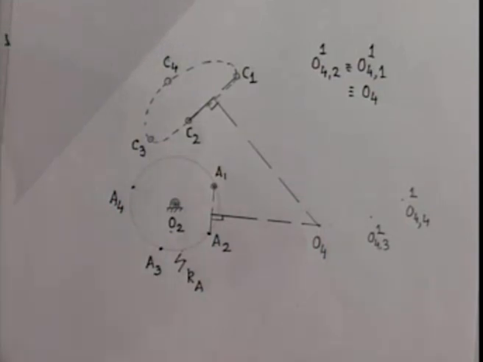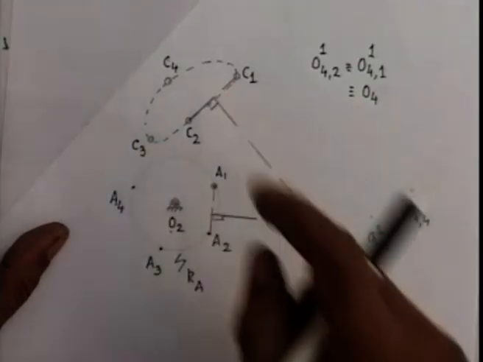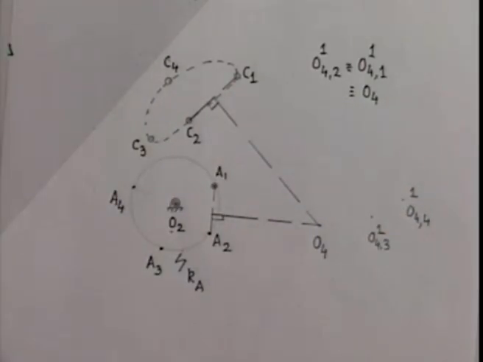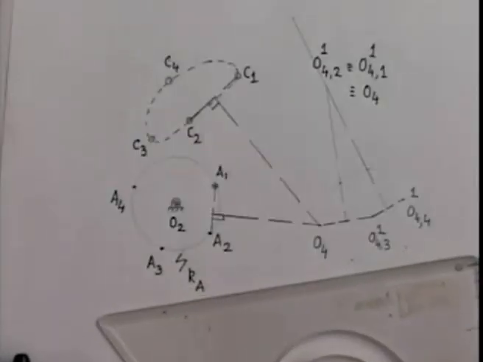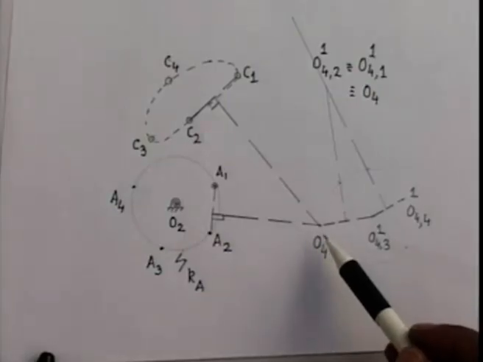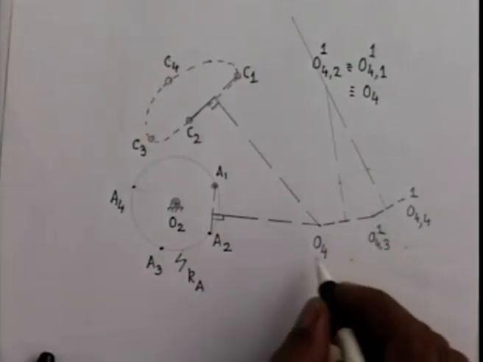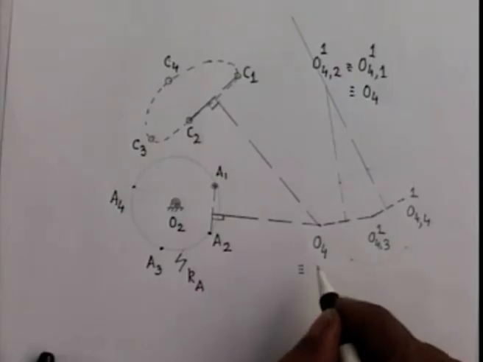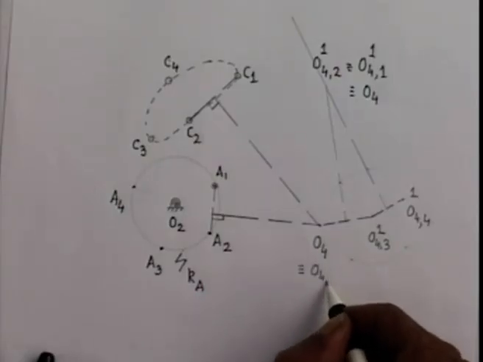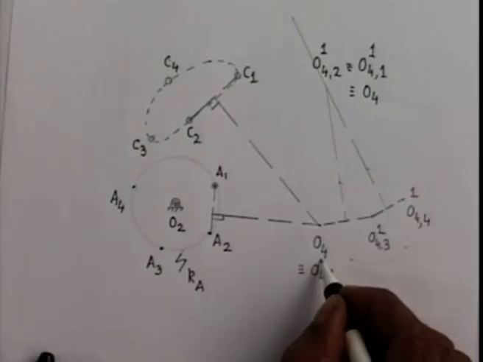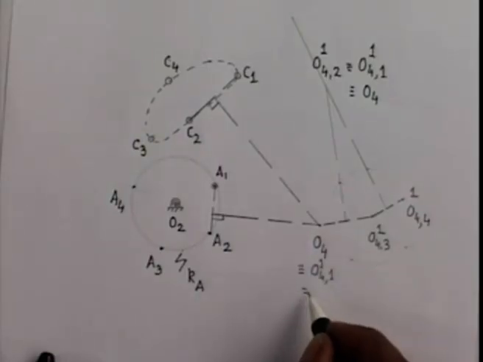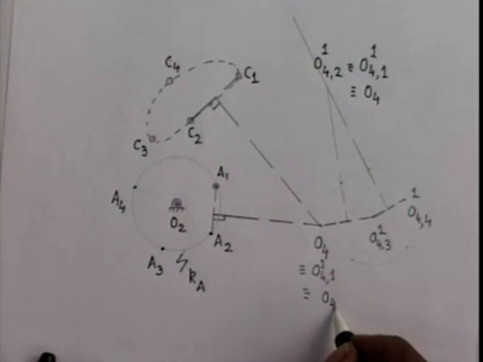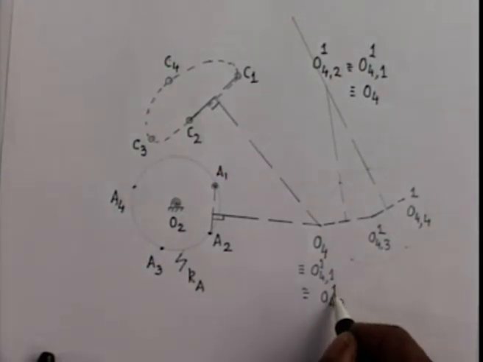Since the coupler was held fixed, that means the point B on the coupler was not moving, and O4B is a fixed length, O4 moves on a circle, and the center of the circle passing through these 3 points will give me the location of B1. So we have got the 3 inverted positions of O4 as O4, which is same as O4,1,1, and also O4,2,1.